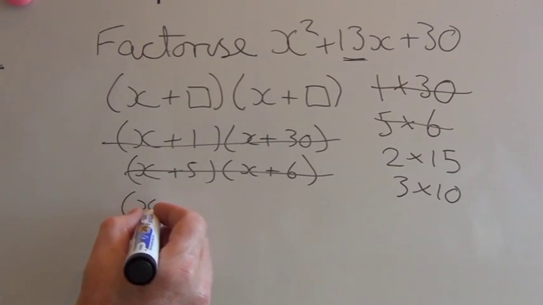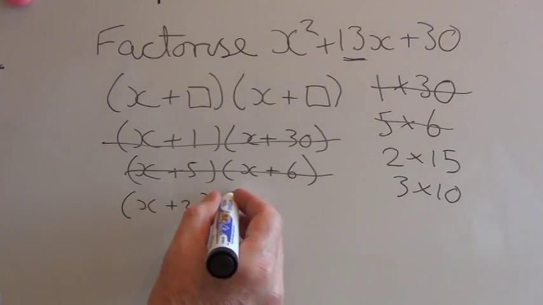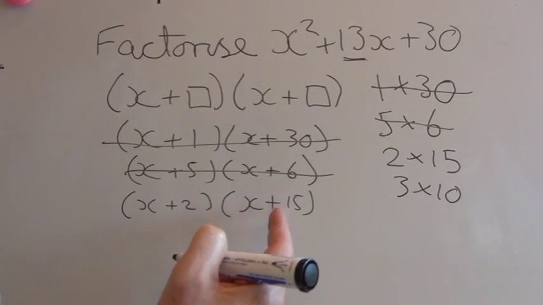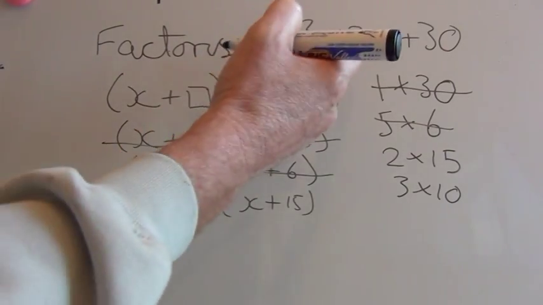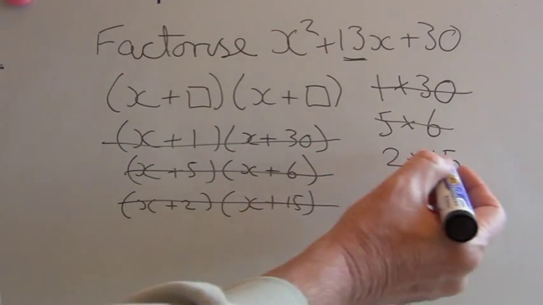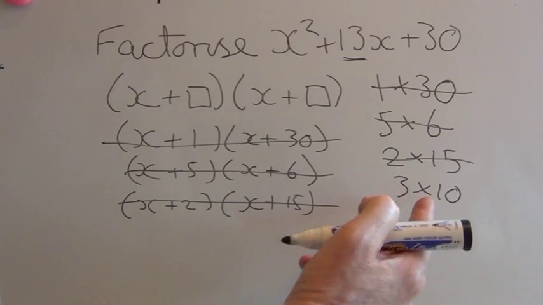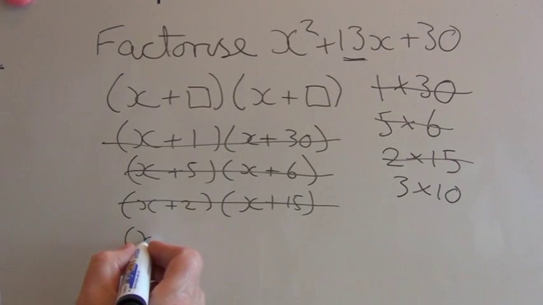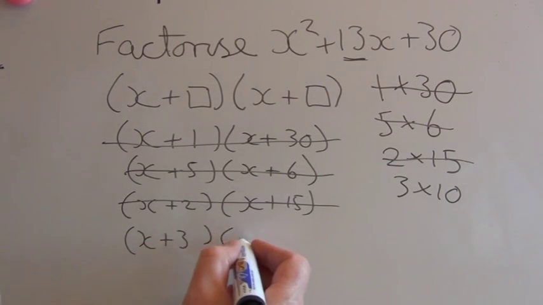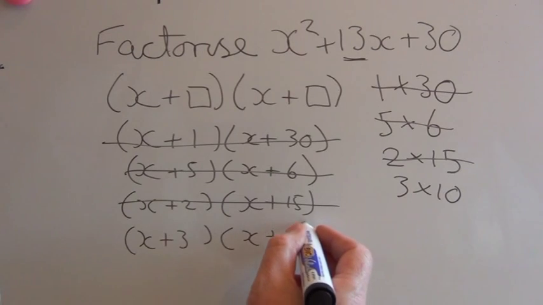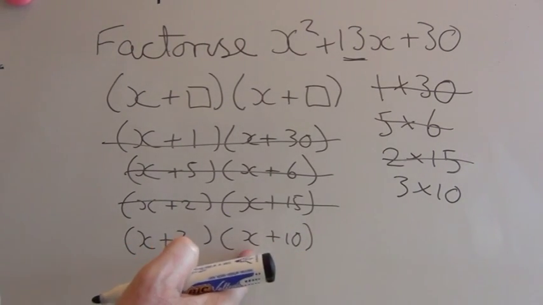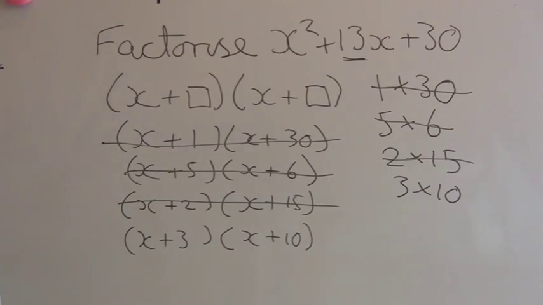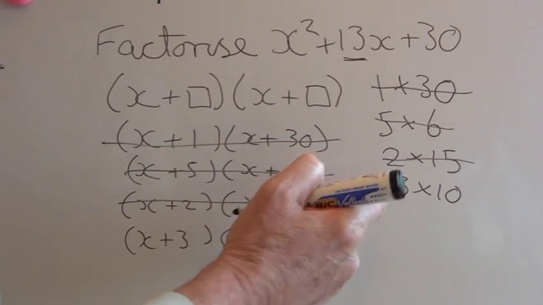Again, let's have a look at the next one. x plus 2 and x plus 15. 2x plus 15x gives us 17x. So that one's no good because we're after 13x. Right, 3 times 10. x plus 3, x plus 10, 3x, 10x, 10x plus 3x gives us 13x, so this is the one that we want.